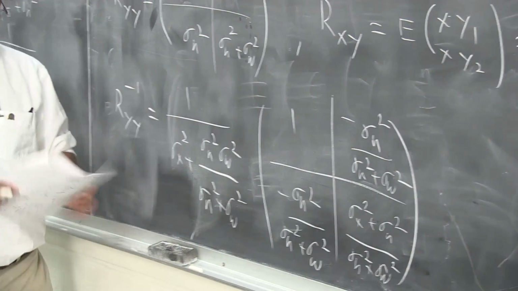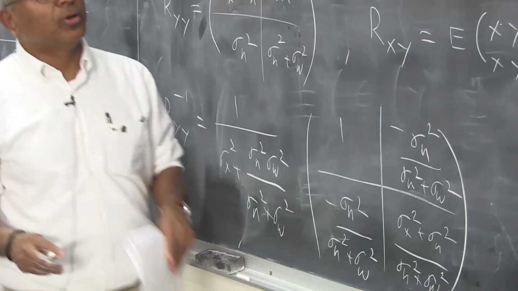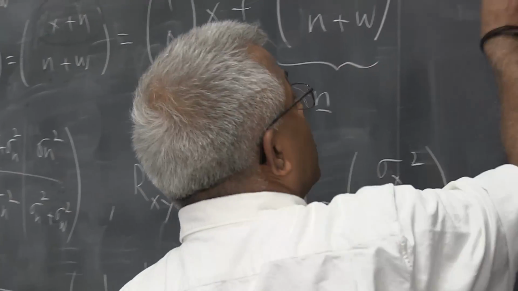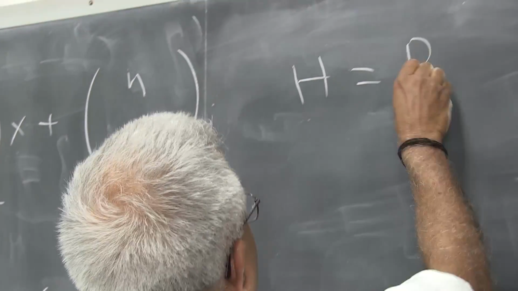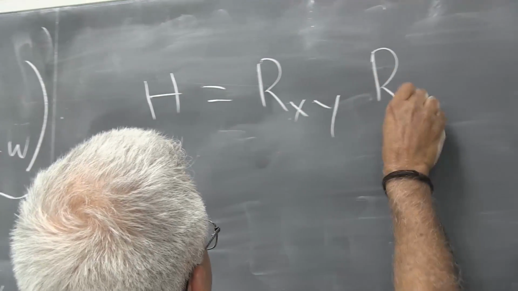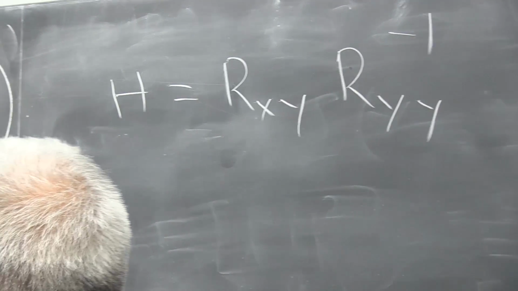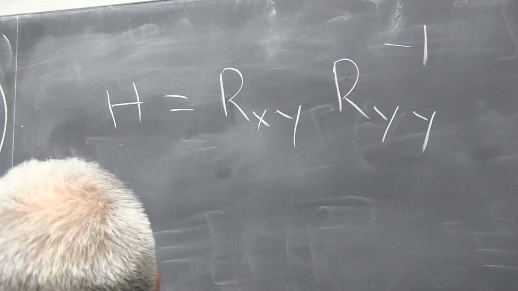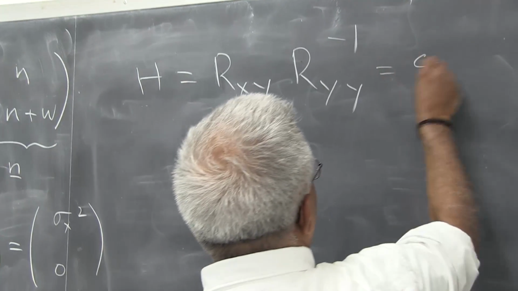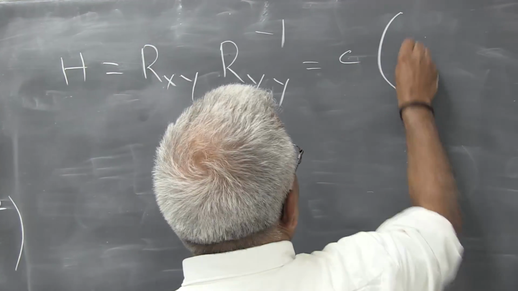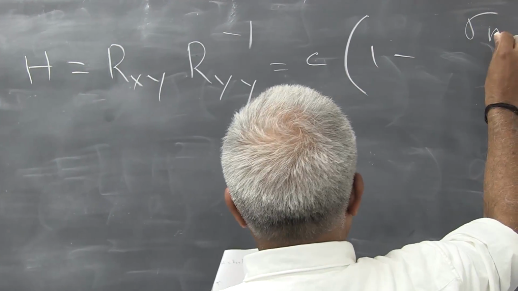All right, then you just need to multiply to find out h. You need to multiply Rxy multiplied by Ryy inverse. So we have Rxy here, and this will turn out to be some constant multiplied by 1 minus sigma.